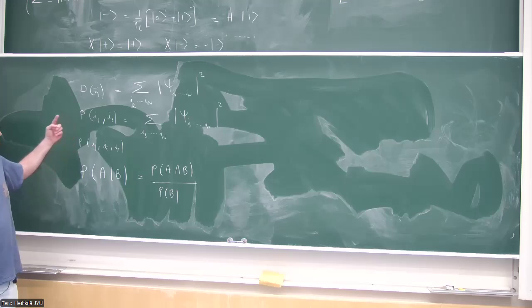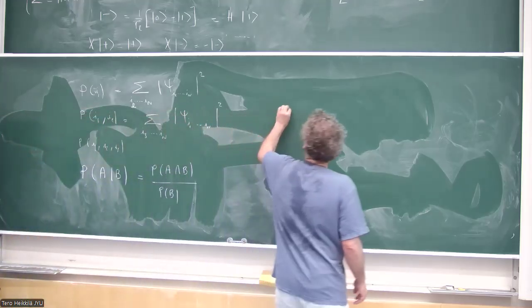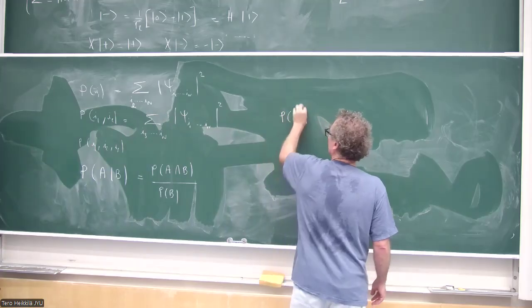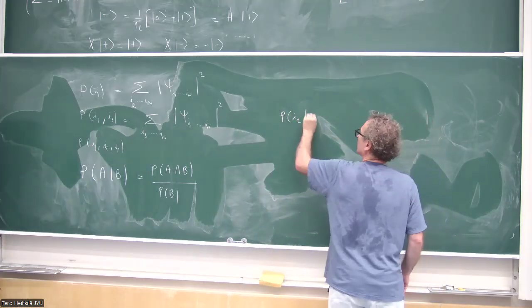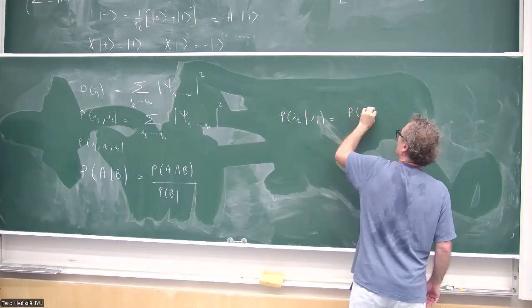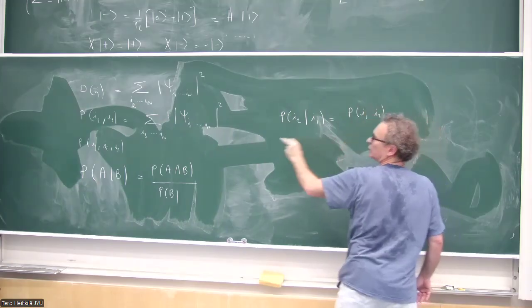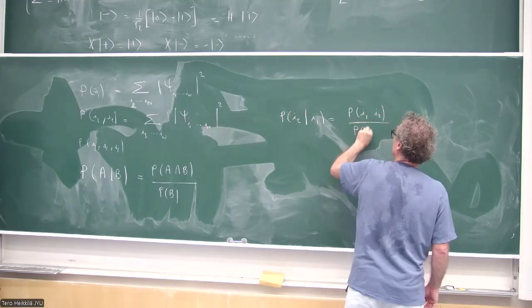And so you will first sample i1, and then you will use the fact that P of i2 knowing, so this vertical bar means knowing what is on the right, knowing i1 is P of having both i1 and i2, which I have here, divided by P of i1.